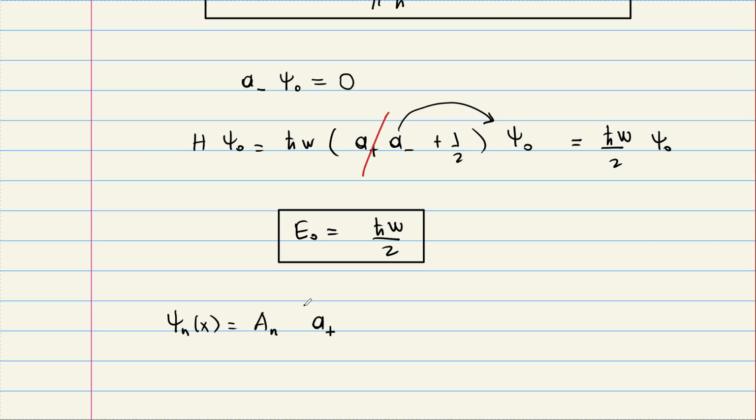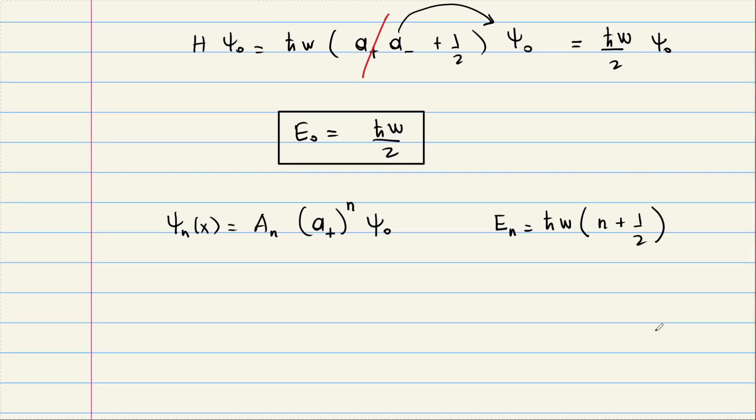So A plus should act n times on psi 0. Right? And the corresponding energy is going to be En equals h bar omega (n plus a half). Why? Yes, because we saw that earlier. Every time you hit a given state, it increases. 1 time, 2 times, 3 times, I can enumerate the states like that.